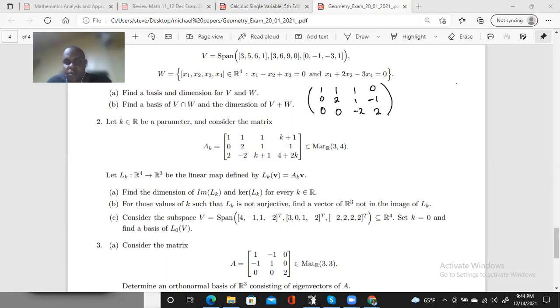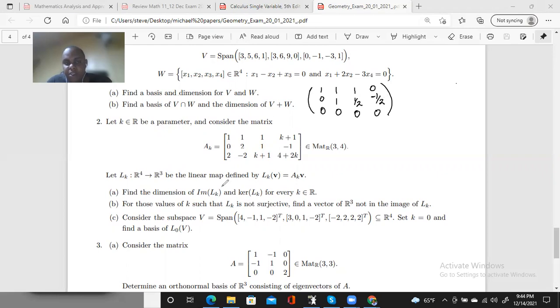Then 2 plus -2 is 0. -2 plus 2 is 0. Right? And then if we divide by 2, this would become 1. This would become a half, and -0.5, and then this would become minus a half.